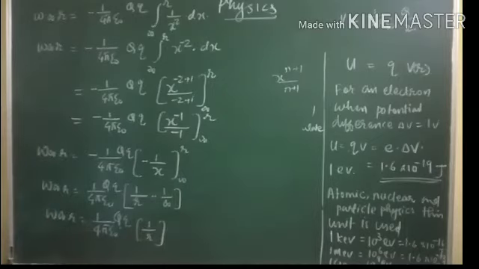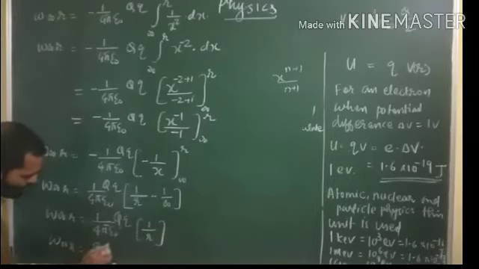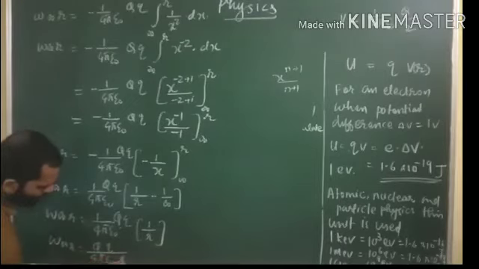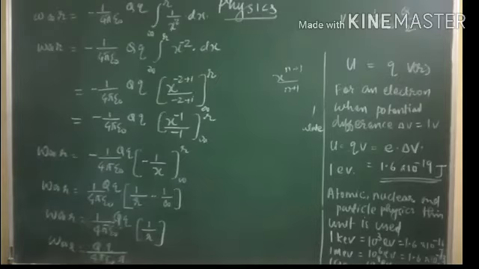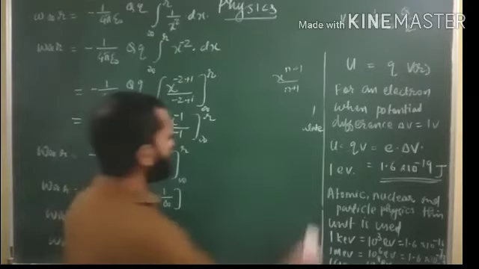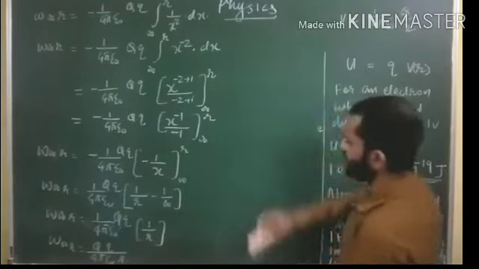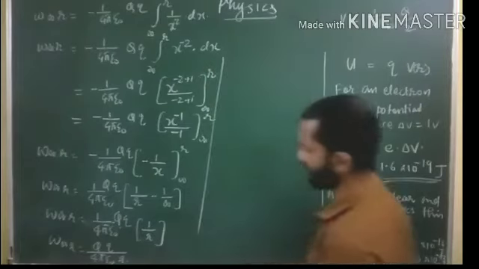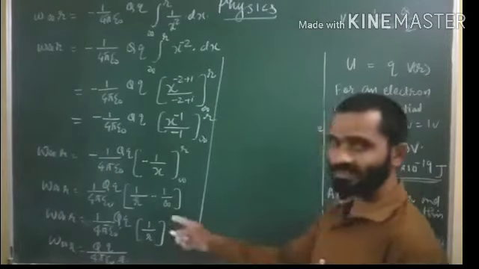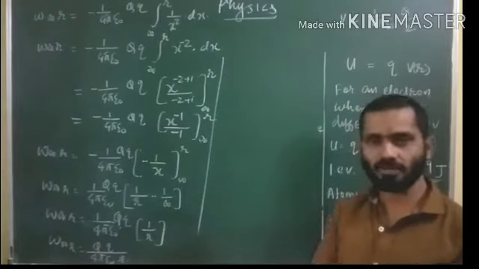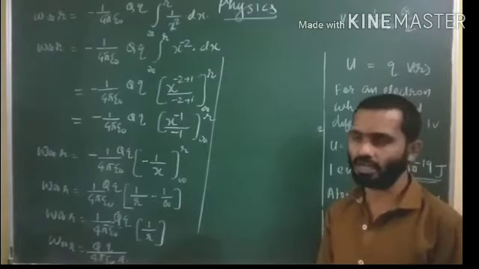Now when we are writing this equation, work done from infinity to r will be equal to q into q divided by 4 pi epsilon naught into r. Okay, so this is the work done on the charge to bring it from infinity to that r distance. This work done means that much energy will be stored on that charge.